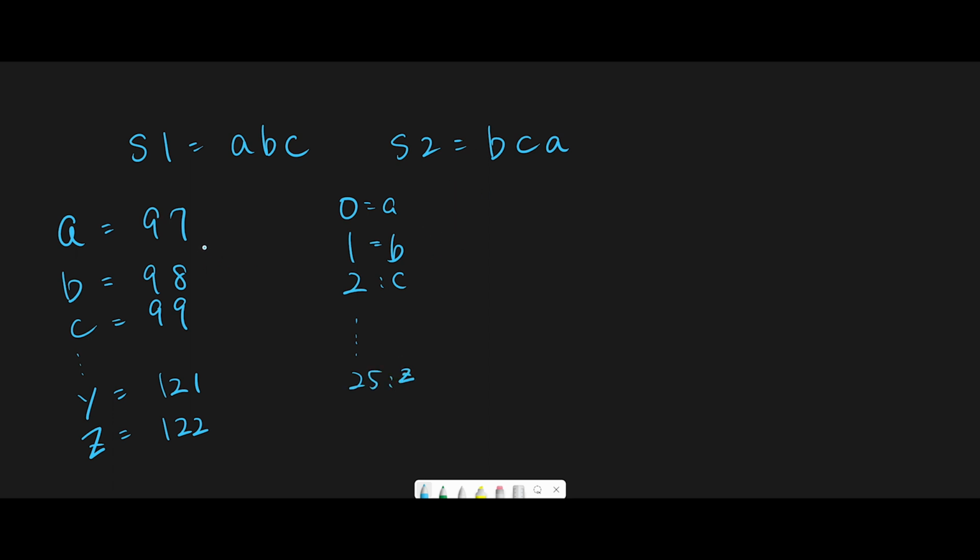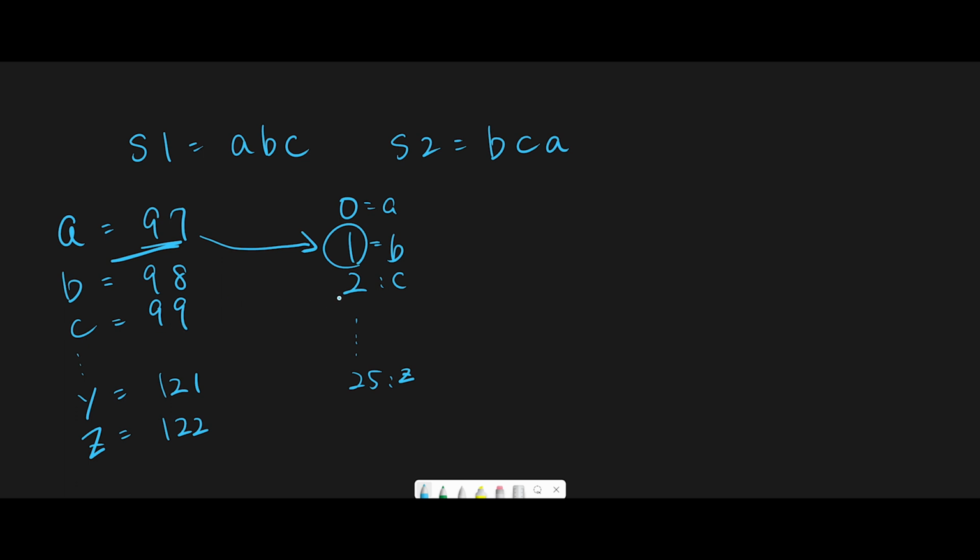And then how can we calculate the index number? It's simple. We use A because A is the smallest number. If we want to access index 1, we simply do B's ASCII value minus A's ASCII value. So 98 minus 97 is 1, right? So that's why we can access B, I mean index 1.